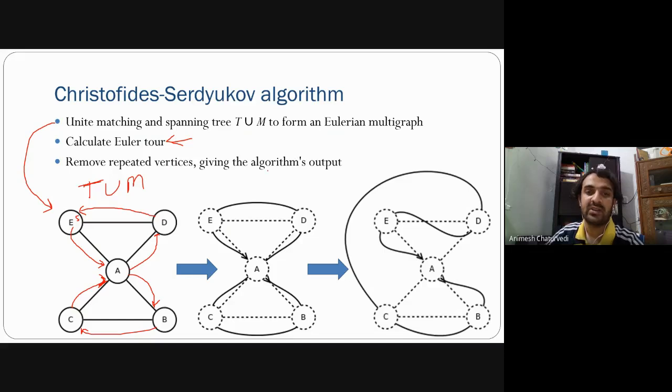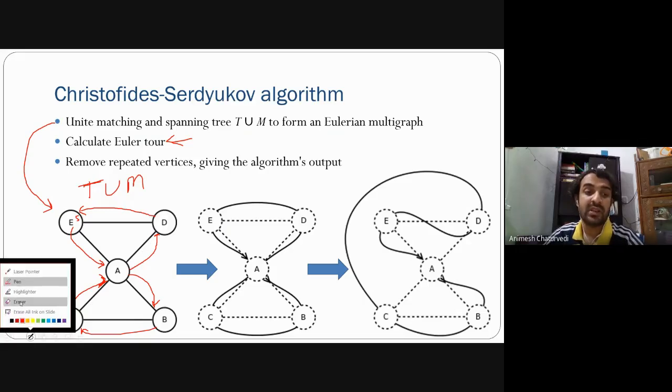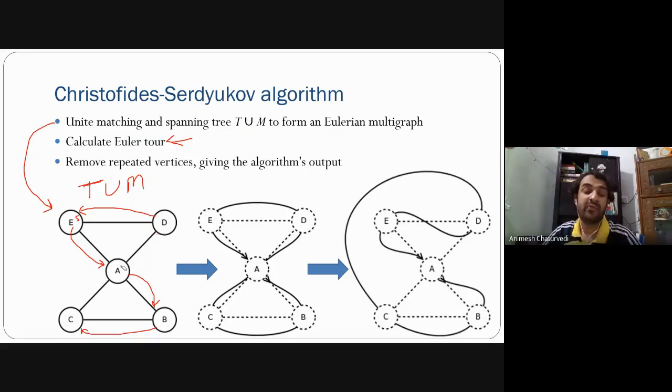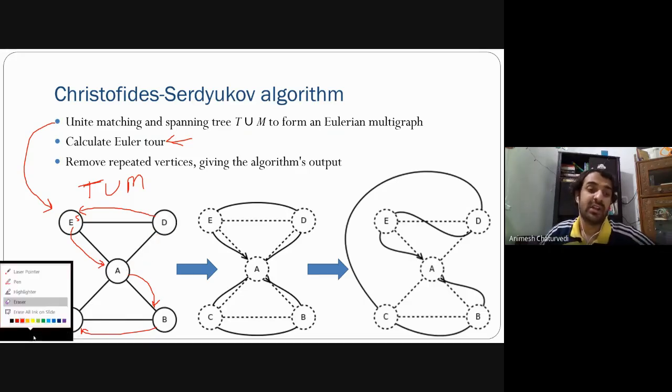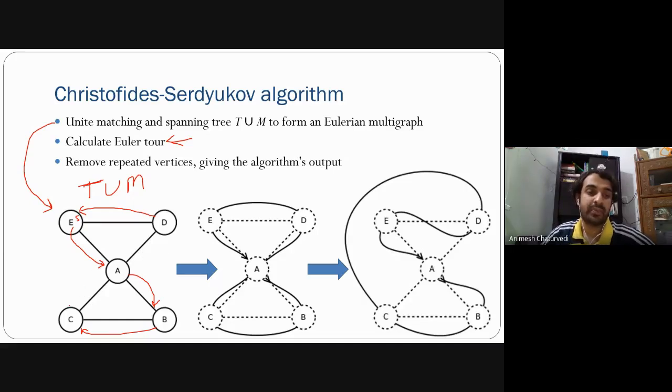But the thing is that you want to create a Hamiltonian circuit. So you need to remove the repeated edges, the vertices which have been repeated. A was being repeated, so you need to remove one connection from the A. Now the C, this is not a circuit, this is not a cycle.